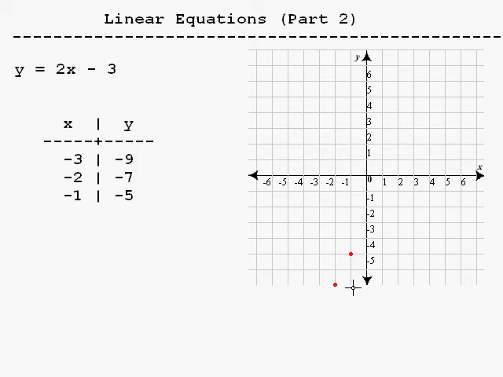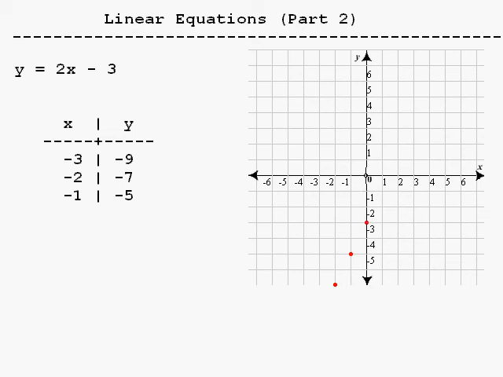Well, what would our next value be? Let's say we go to 0. 2 times 0 gives us 0, minus 3 is negative 3. So if we go over 1 and up 2, we just saw that the point 0, negative 3 will be in our graph.